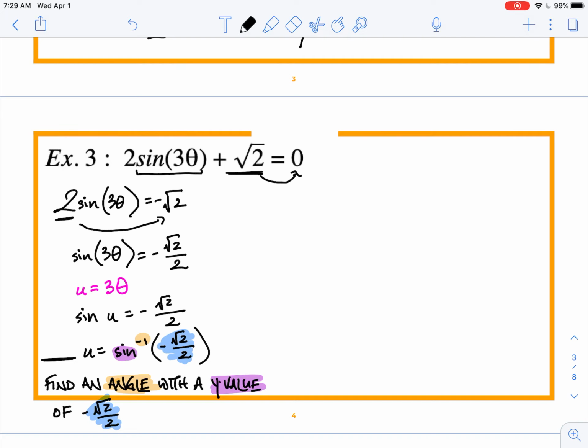And so let's imagine the first time through this problem that we're actually looking for the angles that fulfill this. And we want to make sure we look all the way around the unit circle, so from 0 to 2 pi. And when I look at the unit circle, I'm going to realize that I have 2 values for u.